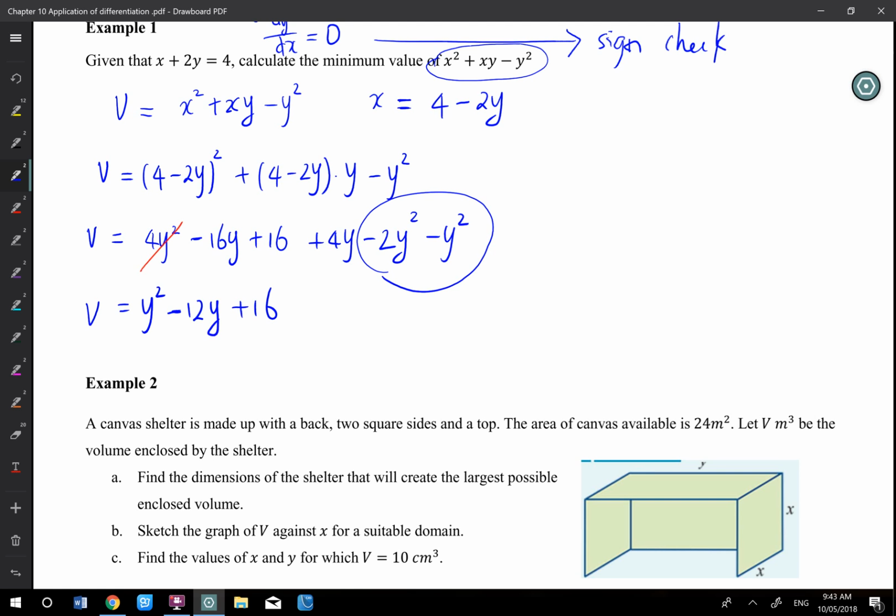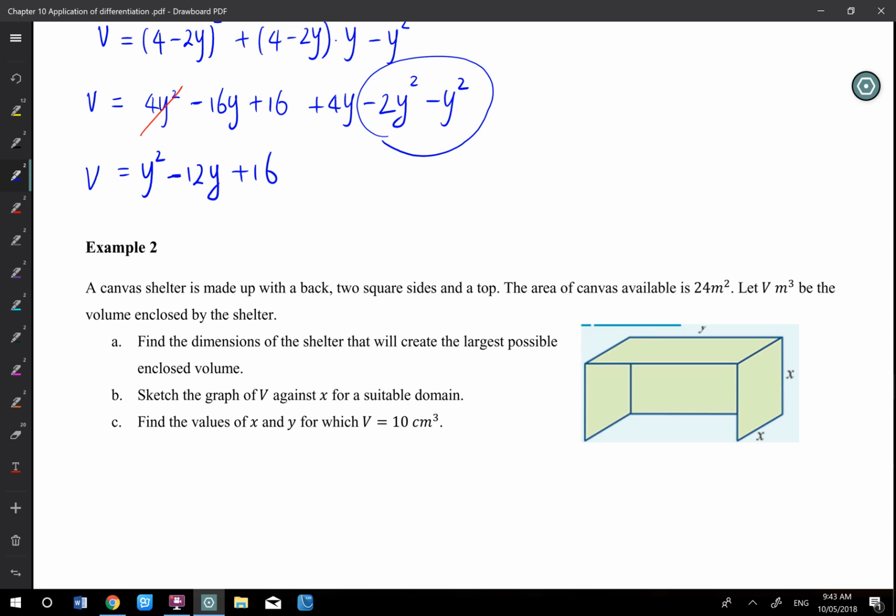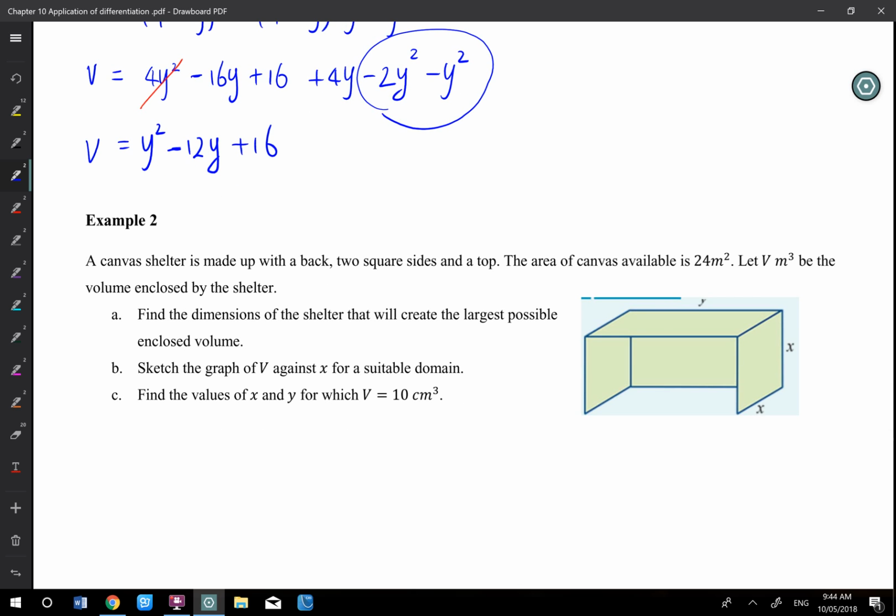What kind of relationship between v and y? What's the type of relationship? v equals y squared minus 12y plus 16. What's the name of this function? Quadratic.